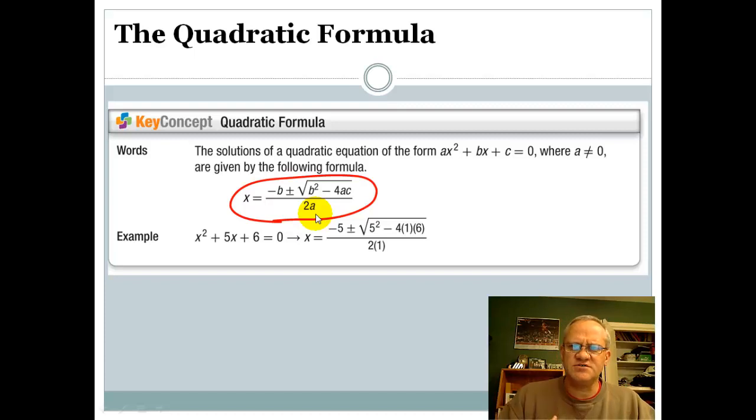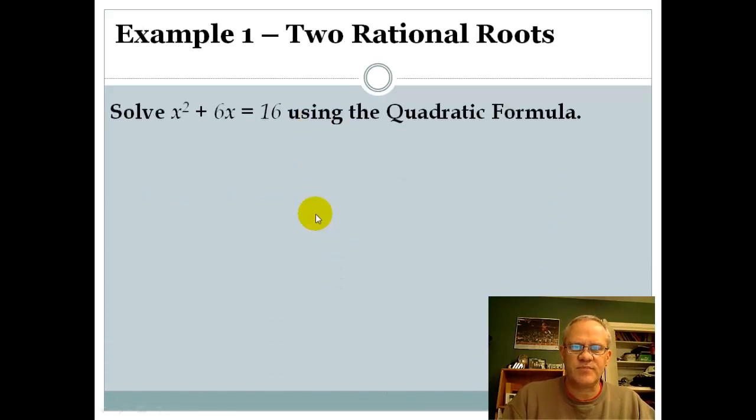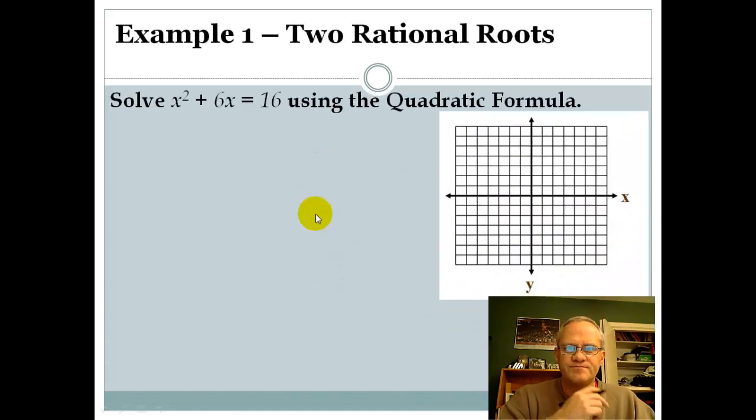Okay, so let's look at a few examples and see how this works. Our first example is going to be when we end up getting two rational roots. And I've put the graph in here. We don't necessarily need to graph this, but I'm just going to show you how this compares with the graphing. All right, so first of all, we've got our equation here.